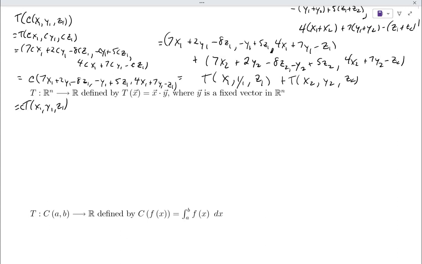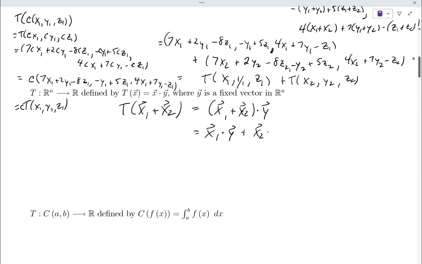Okay? So again, if I've got two vectors here, the definition says I'm going to do x1 plus x2 dotted with y. What do you think we should do next? Split it up, right? Yep, x1 dotted with y, x2 dotted with y.